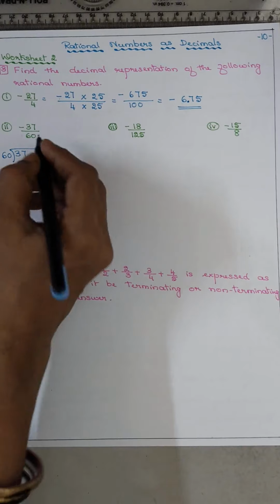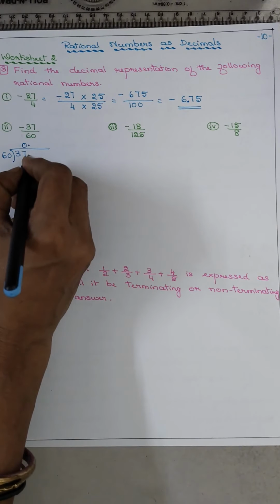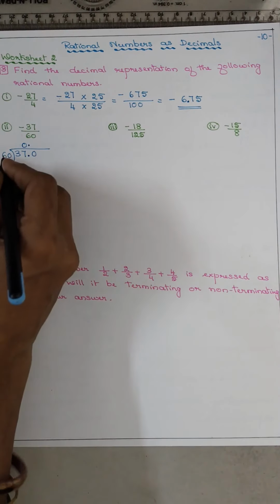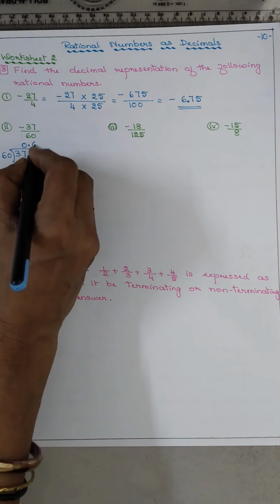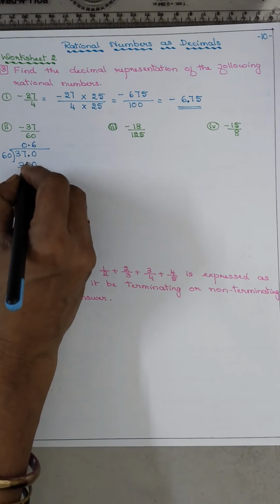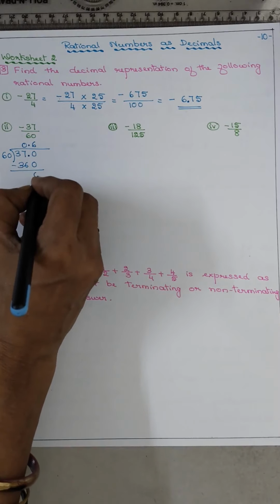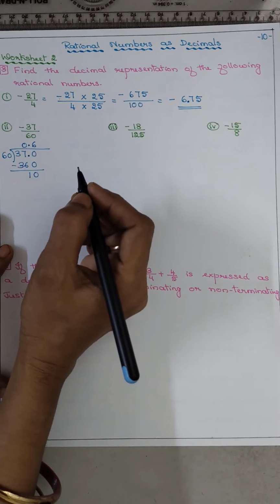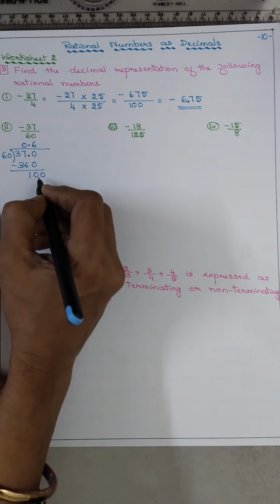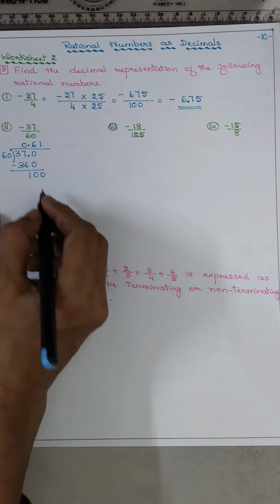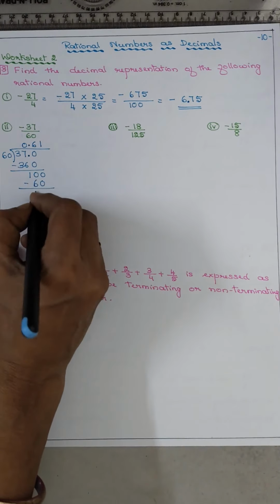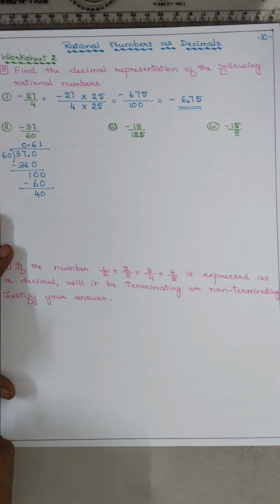Now 60 is bigger, so 0, decimal point, take an extra 0. 6 how much are 37? 6 6s are 36, so the remainder is 1, and with the extra 0 it becomes 10. 6 how much are 10? 6 1s are 6, so the remainder is 40.